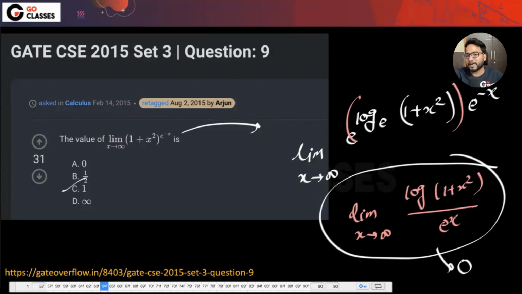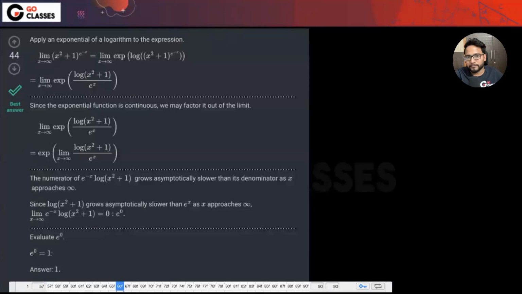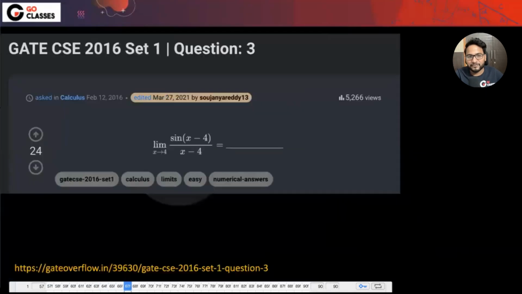But as an aspirant, I'm just telling you, you can write it, and then it will be a good discussion. As I already told you, if you want to be very popular on GATE Overflow, one of the best ways is to contribute on the GATE previous year questions. If you contribute on the GATE previous year questions, then you will be a little more famous, right? You should be contributing on the weekly quiz and these kind of questions also. But if you contribute on the PYQs, you will be famous faster.